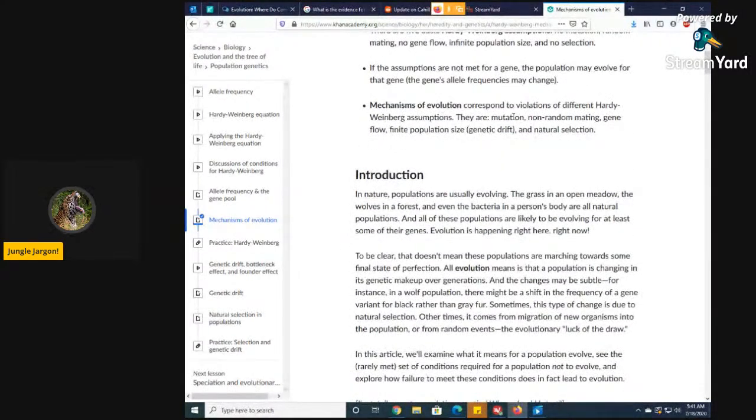Mechanisms of evolution correspond to violations of different Hardy-Weinberg assumptions. They are, here we go, mutation, non-random mating, gene flow, finite population size, genetic drift, and natural selection.